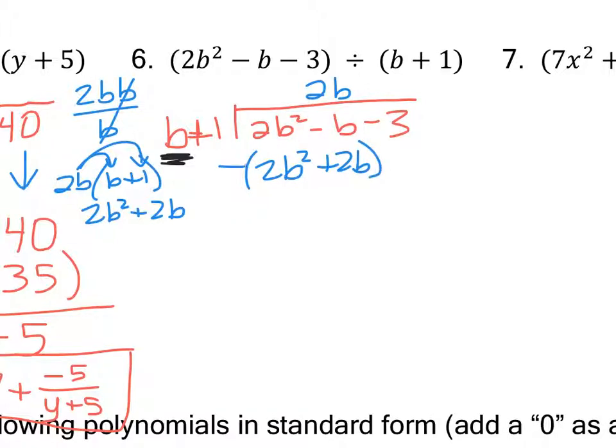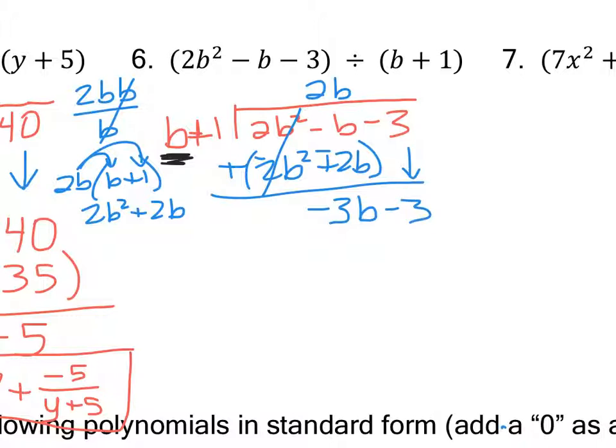Okay, this thing is being subtracted. So what we're going to do is go ahead and change the sign of both of the guys inside. So I've got 2b squared minus 2b squared. Those cancel out. And then I got negative 1b plus negative 2b, which is negative 3b. And then I bring my 3 down, minus 3.